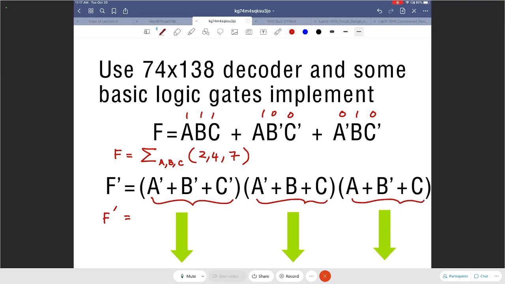You have pi max terms, right? If I assume the same order A, B, C, then I have max terms. What do I have in this case? The same numbers, right? 247.